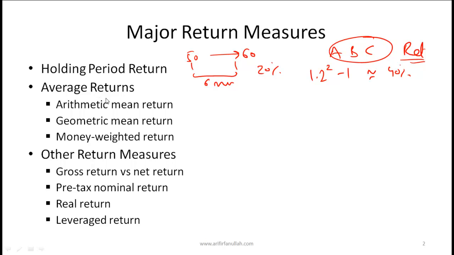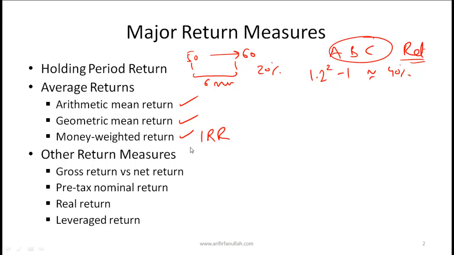Average return: there are several measures of average returns, one being the arithmetic mean return, which is generally used when you compare cross-sectional data, geometric mean return, which is used with time series data, and money weighted return, which is simply the internal rate of return on a portfolio or an investment.